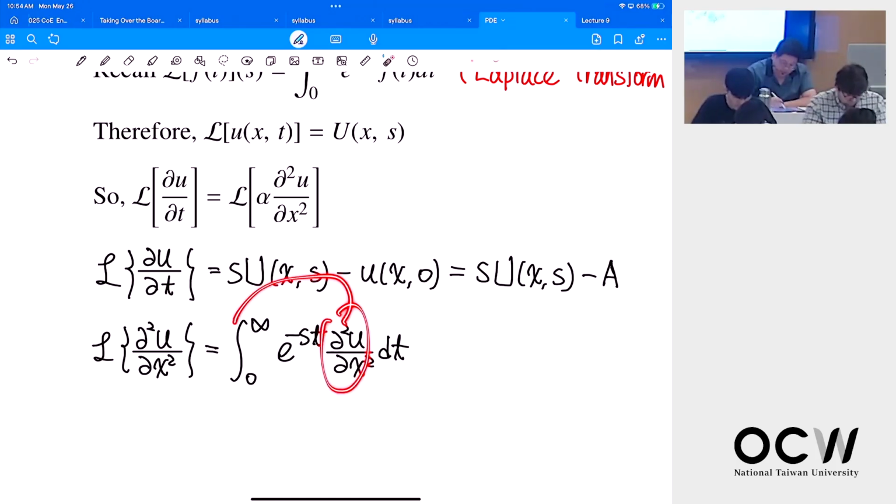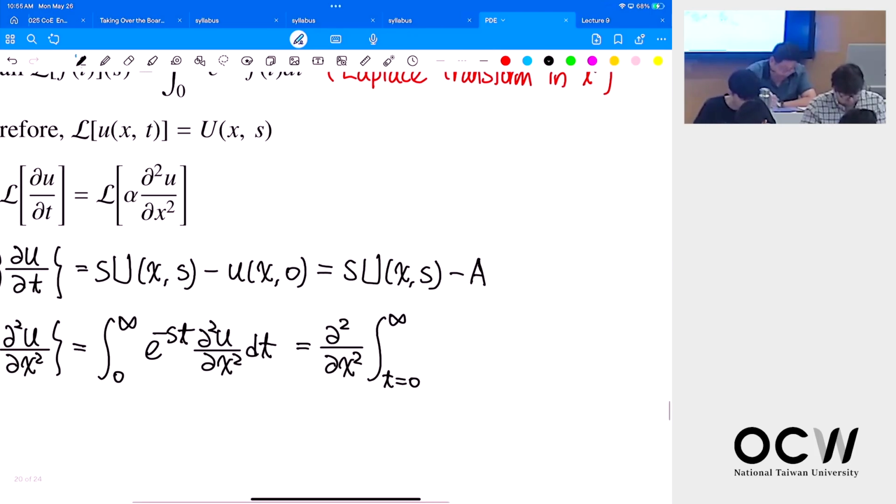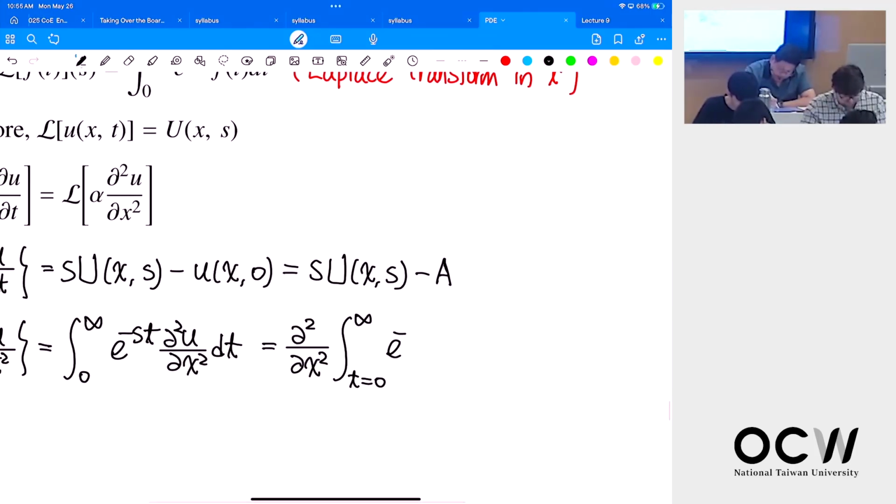This we can put outside: partial squared over partial x squared, and t from 0 to infinity, e to the minus st u of x, t dt.